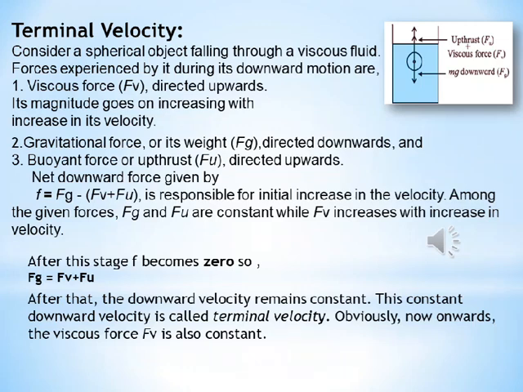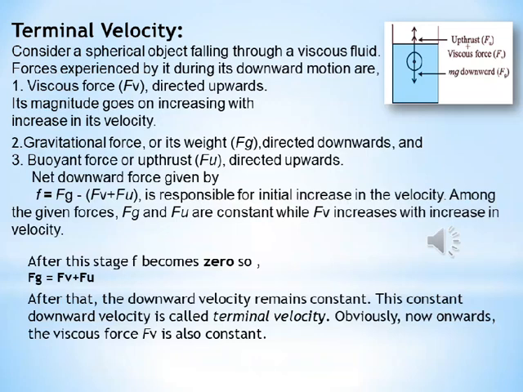You can see over here the diagram in which a container has a viscous fluid inside it, and the spherical body is moving inside it. As we throw any body inside a fluid, a force in the upward direction is also created. There is a force in the downward direction due to the weight of the spherical body, and at the same time it creates some upward force, which is nothing but a thrust, or buoyant force.